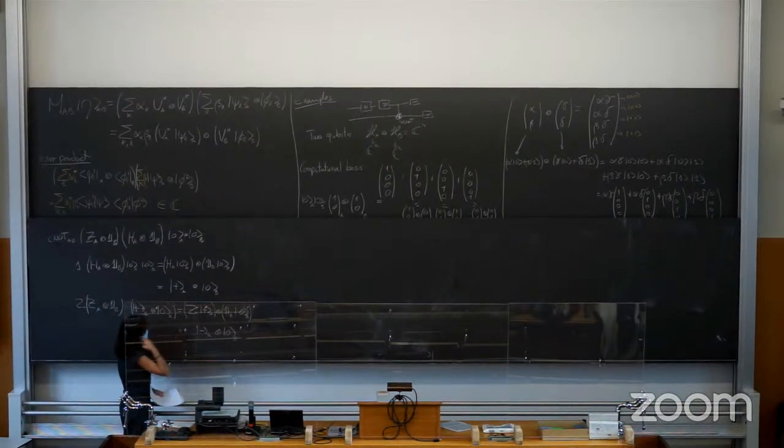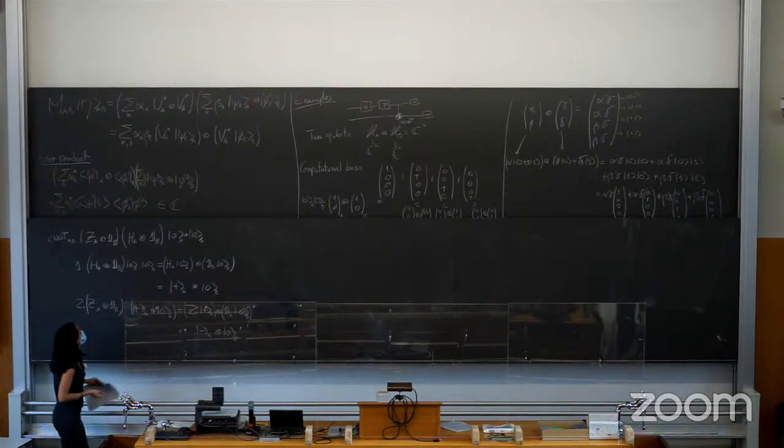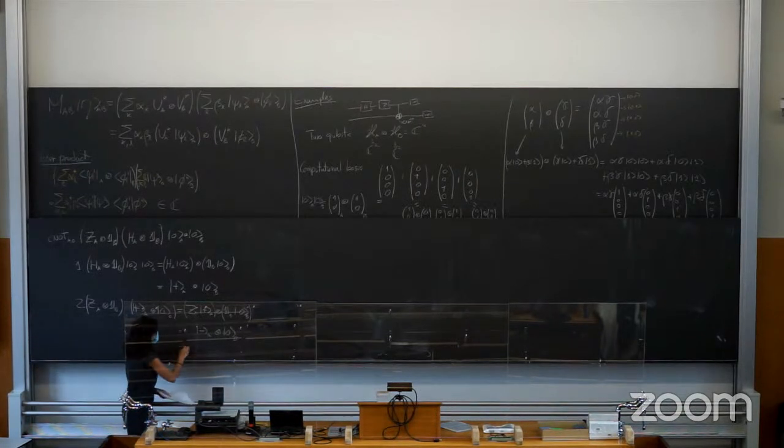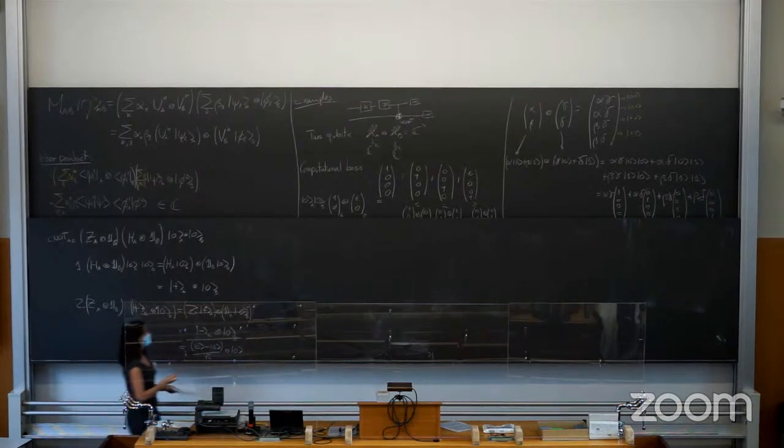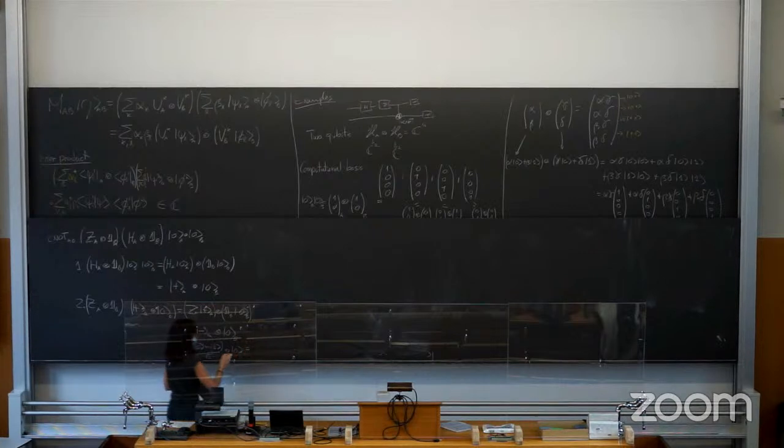It's going to be useful for later to just expand what this means. So remember, the minus was 0 minus 1 over square root of 2, tensor 0. We don't expand it, we just do this multiplication here.